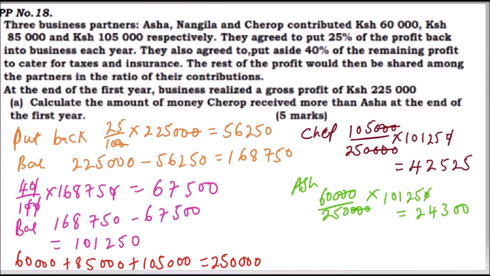So since Cherop got 42,525, you minus what Asha got, which is 24,300, and when you compute that, you will be able to get 18,225 more. That is Cherop more than Asha.